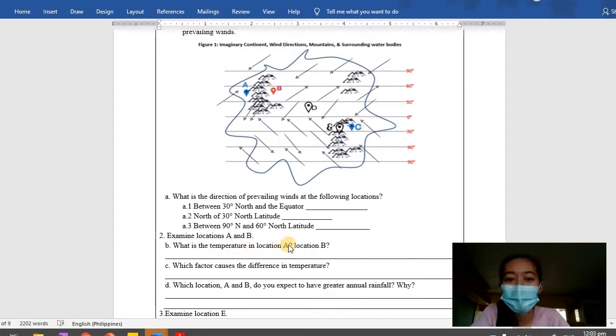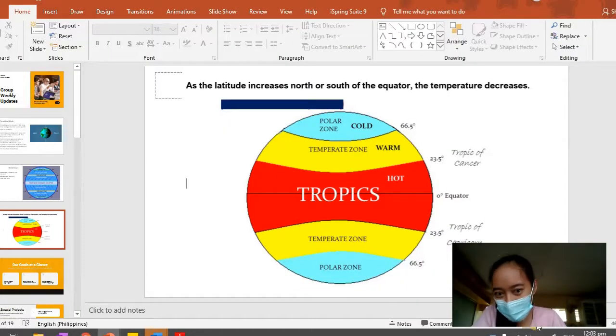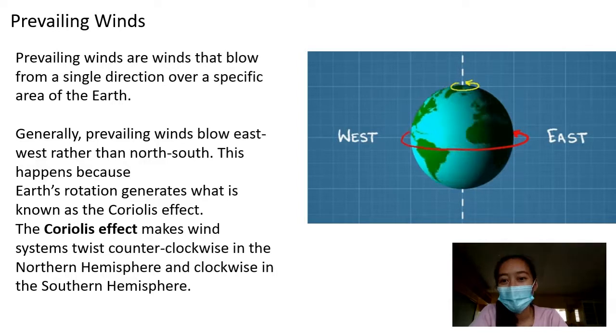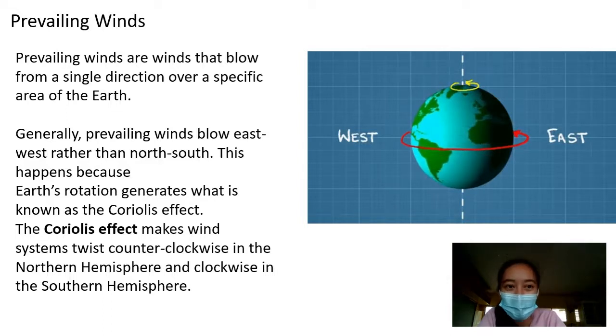So before we can answer that, I would like to insert a little bit of short info here. So ari ta, the first one, we have to learn about prevailing winds. So the earth has winds around it, and instead of the wind going up and down or north or south, because the earth is rotating on its own, naa tay direction sa mga winds.